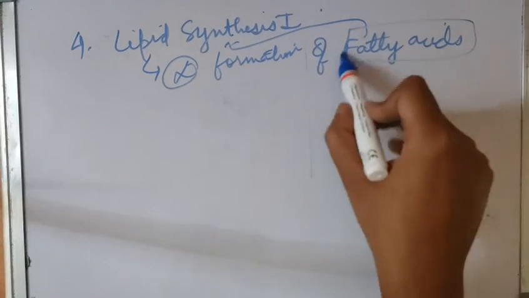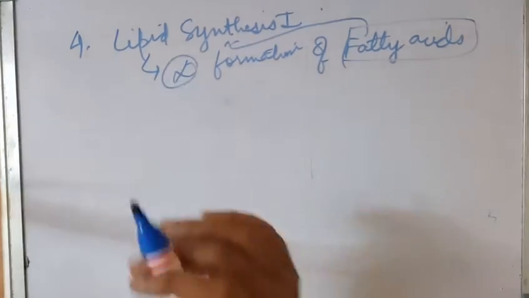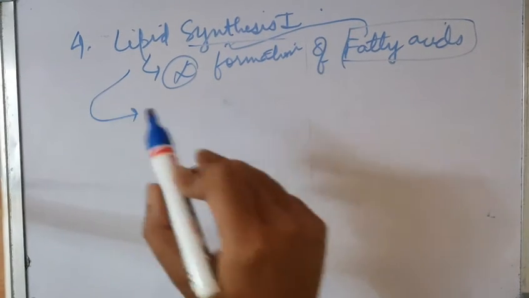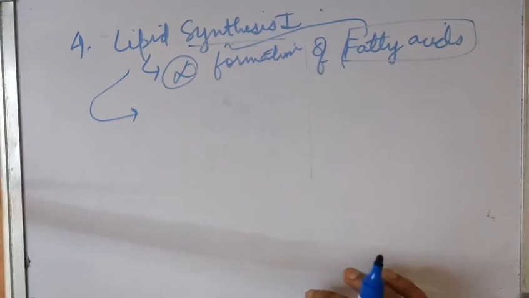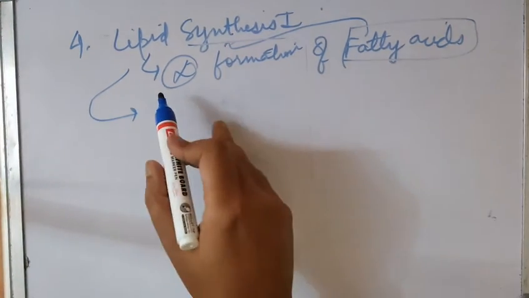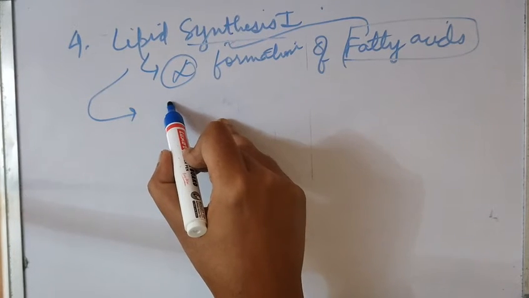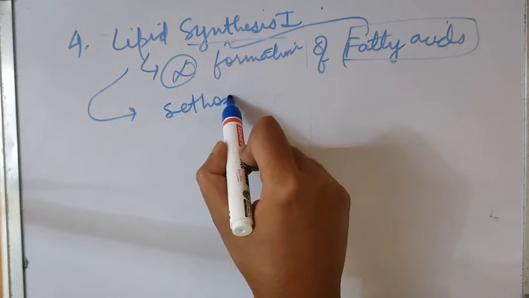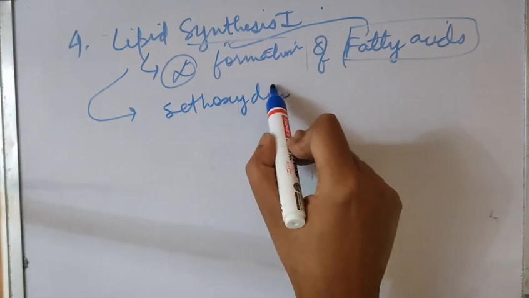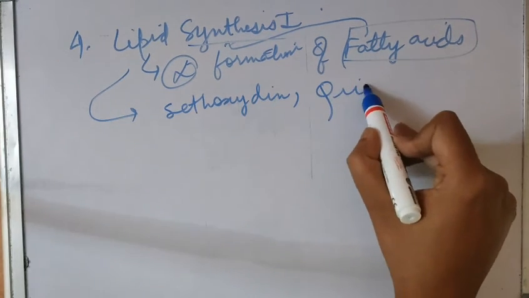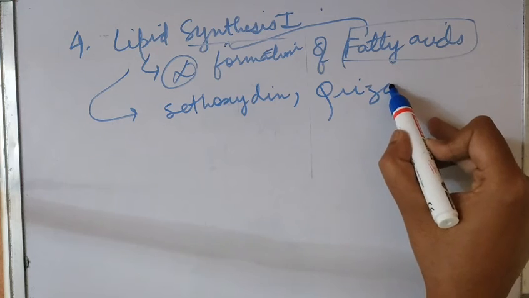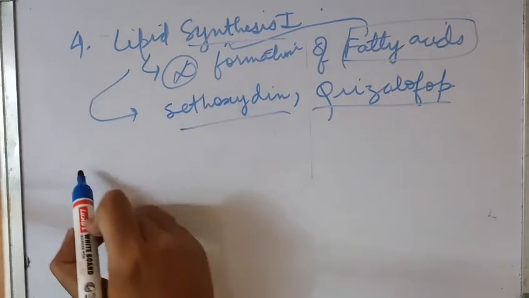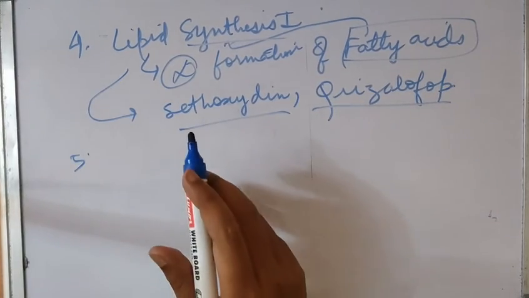So when there will be no formation of fatty acids, how can lipid be synthesized, and that can lead to retarded growth of weeds and lead to its death. Examples of lipid synthesis inhibitors are sethoxydim and quizalofop. These are some common examples of lipid synthesis inhibitors.